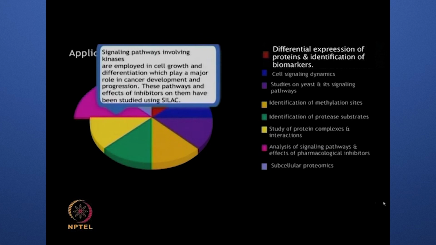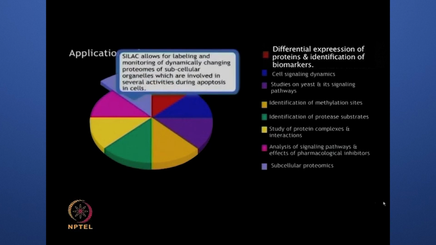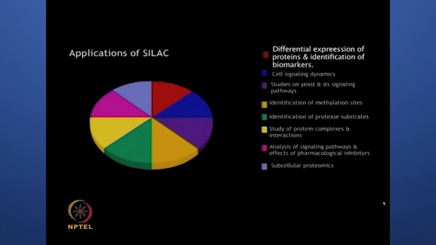These pathways and the effects of various inhibitors have been successfully studied using SILAC. SILAC allows for the labeling and monitoring of the dynamically changing proteome of subcellular organelles, which are involved in various activities during apoptosis in cells.